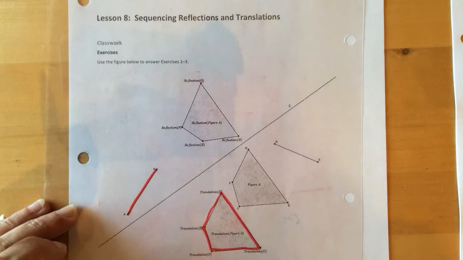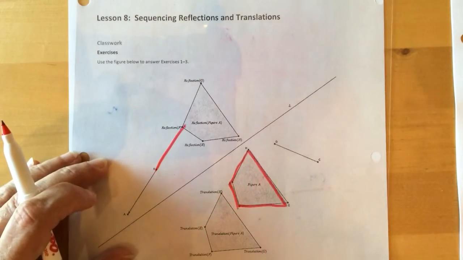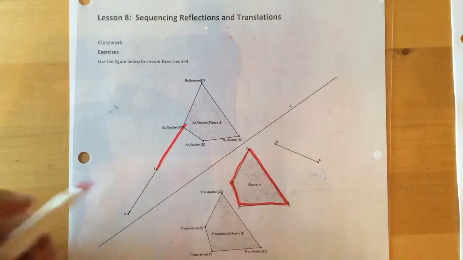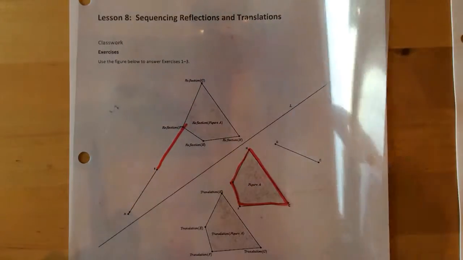So I want to translate the translation back, and it's going to look like this. So if I translate on vector AB, then it will take me back to figure A.